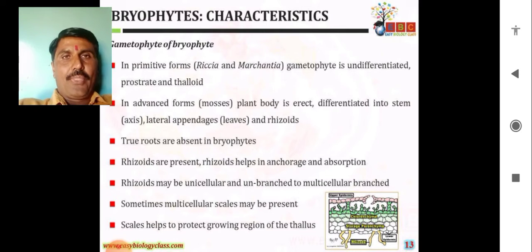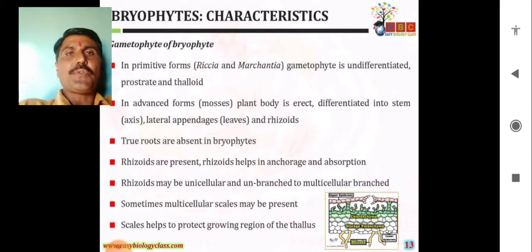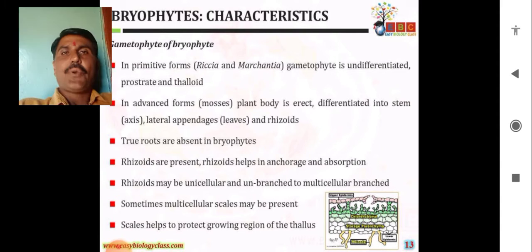While studying the morphological features of the bryophytes, we come to know that some bryophytes are very small, whereas others are bigger, and the smaller bryophytes show rhizoids.